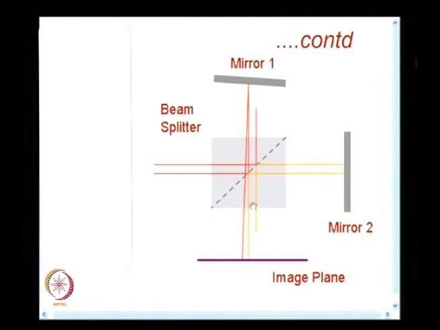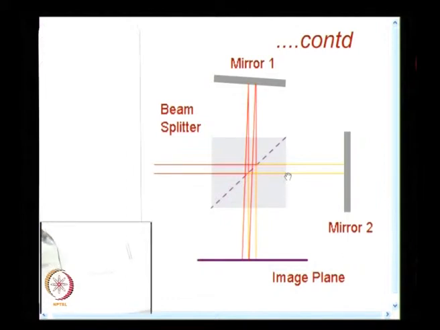So, I get one ray from the mirror 2 and I get another ray from mirror 1. You make a sketch of it, I will repeat the animation again for you to understand how you perceive this, and because of the shearing action you essentially measure the slope.